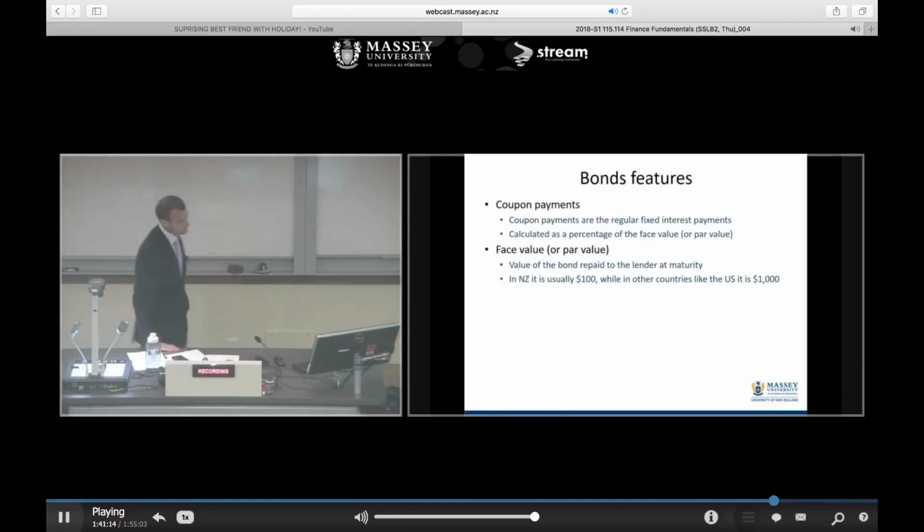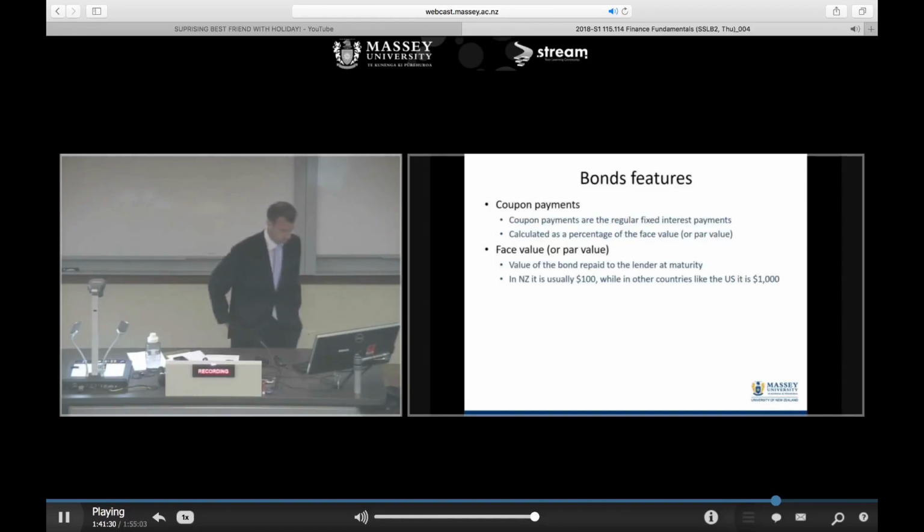So bond features, coupon payments, that's the interest that you get by owning one of these things. Or from the company's perspective, that's the interest they have to pay. And it's calculated as a percentage of the face value. And face value is the amount that has to be repaid when it matures. A little bit like your term deposit.